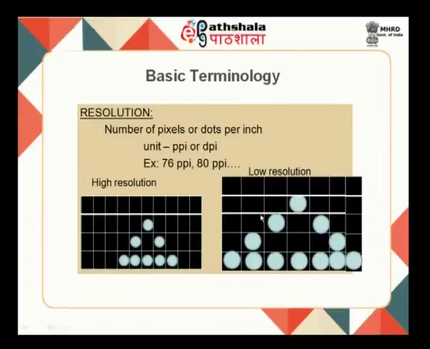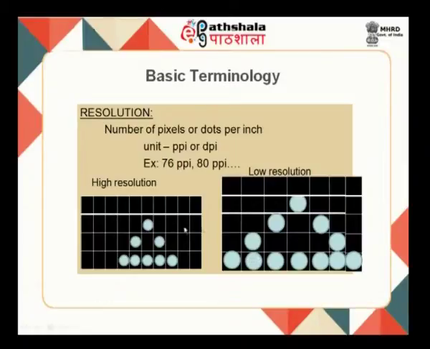So, that is where the difference is, and some standard resolutions are given here, like 76 pixels per inch and 80 pixels per inch and so on. Generally your printers also have resolutions, measured in DPI, which is dots per inch.